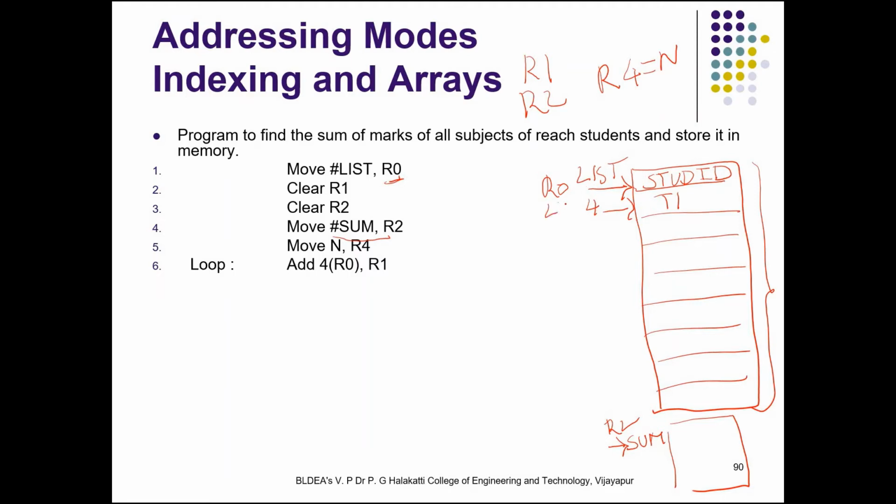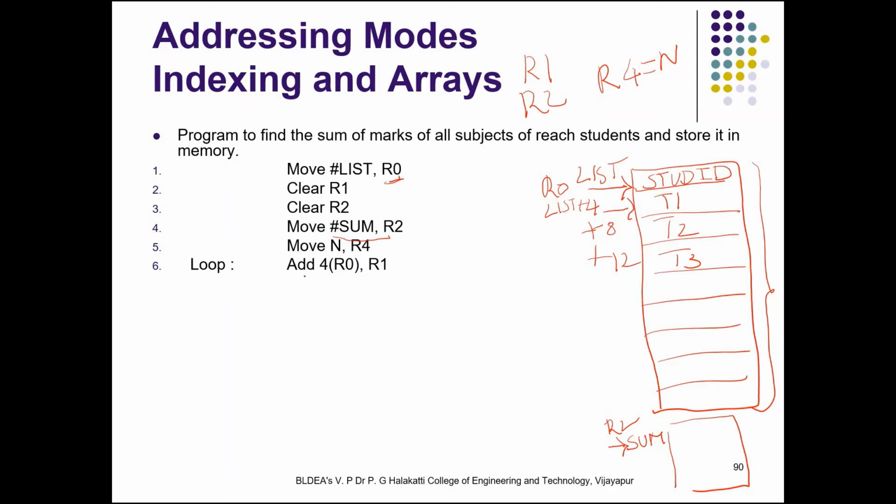So list plus 4 will contain test marks 1, then test marks 2 and test marks 3 will be stored in consecutive memory locations: list plus 4, list plus 8, list plus 12, right?